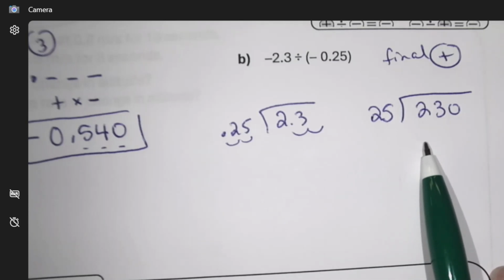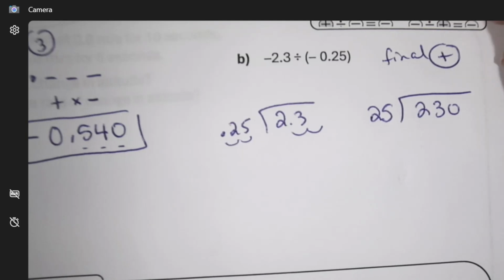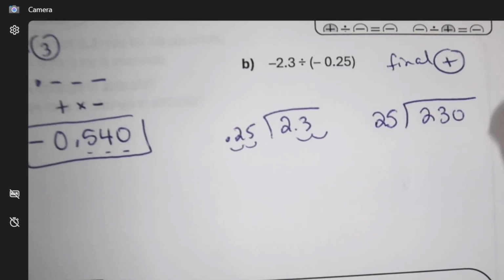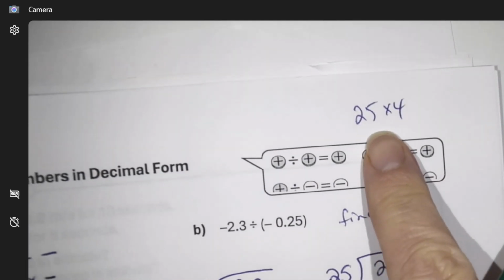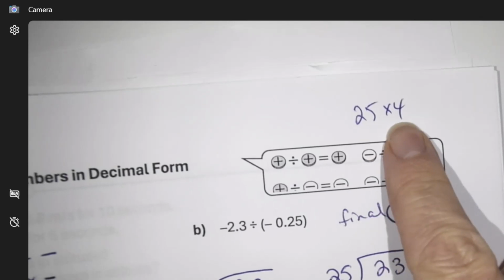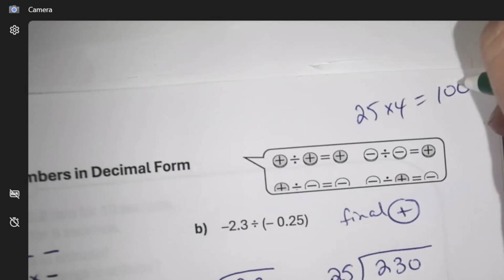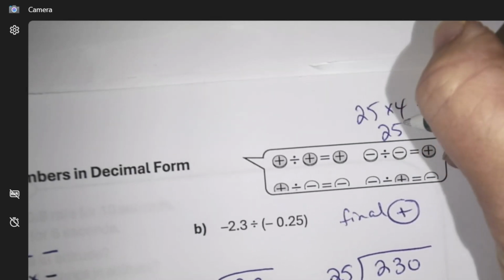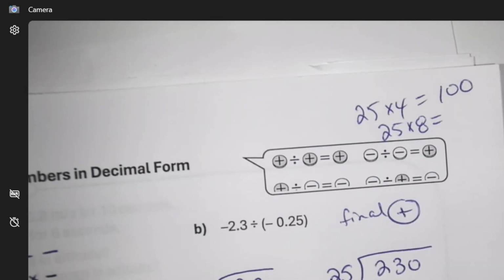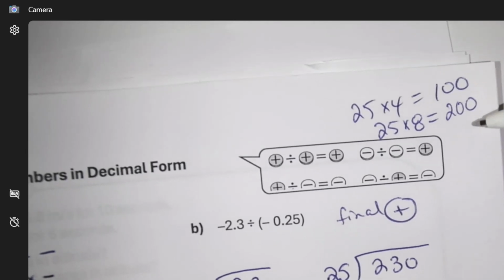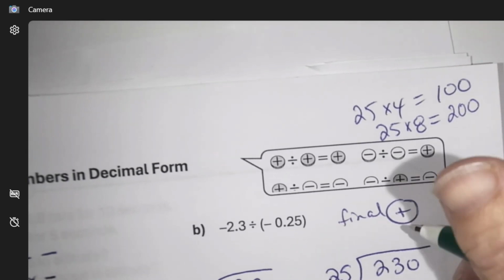Yeah, this should be some mental math. 25 times 4, you should know that with money, right? 4 quarters is $1. So then 25 times 8 is 200. And then you can fit one more. Okay, so 9.